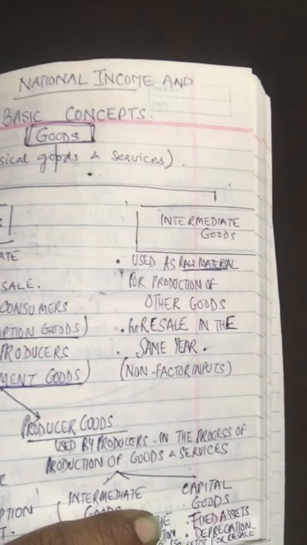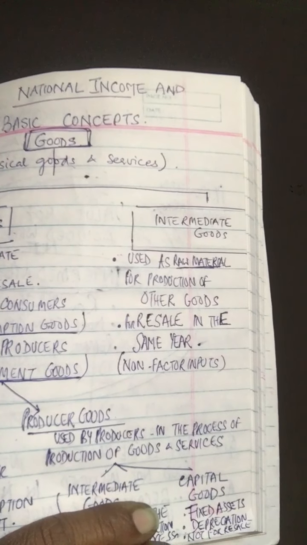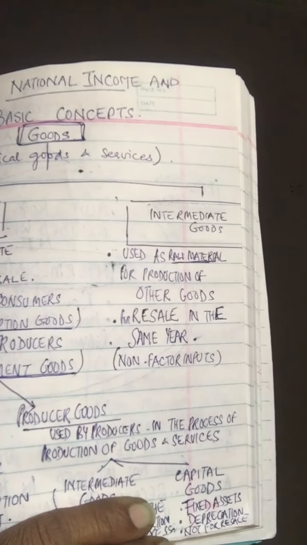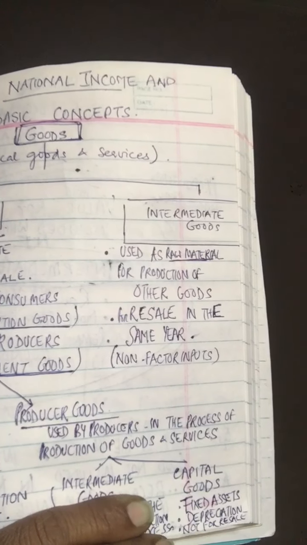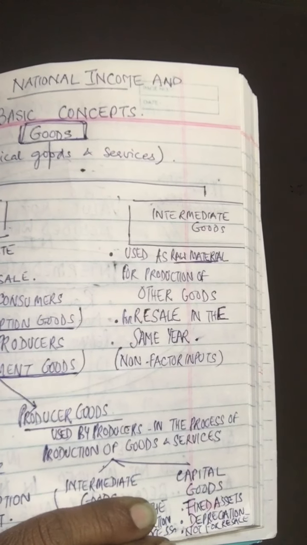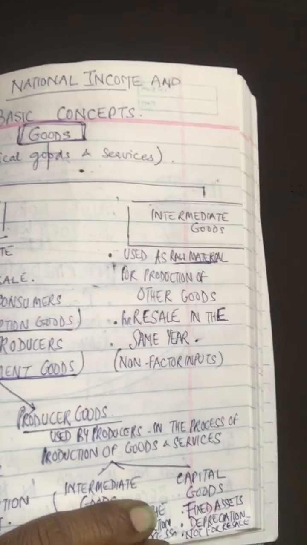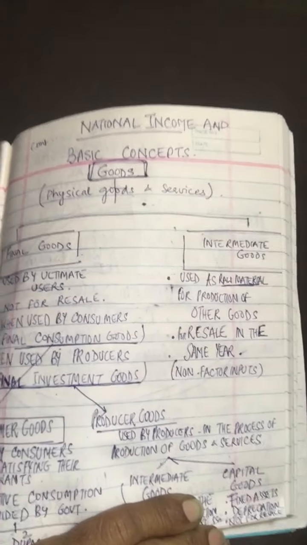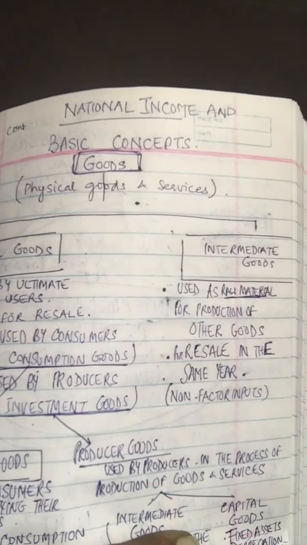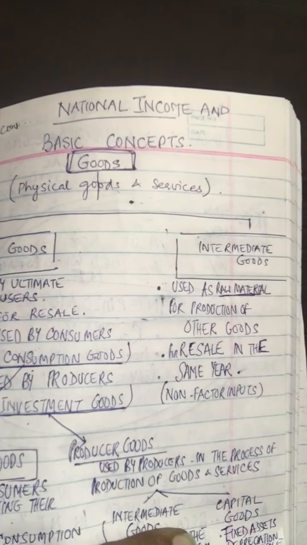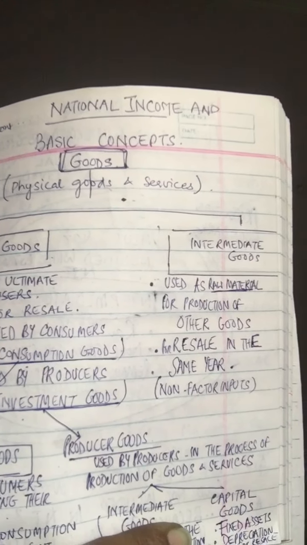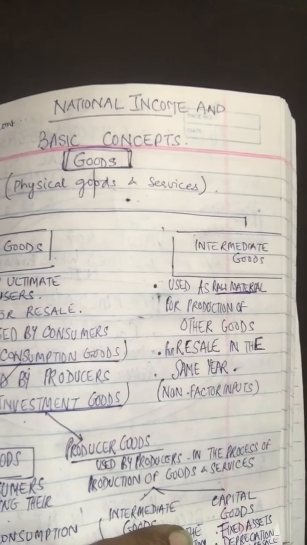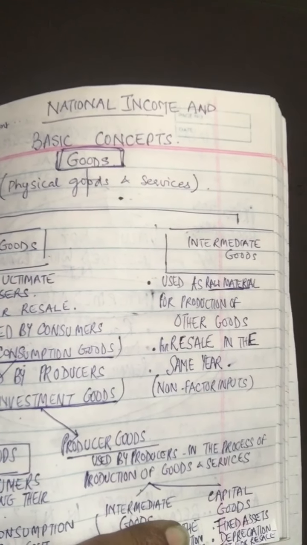Now capital goods. Capital goods are those goods of high value which are used to produce other goods and services for several years. These are also referred to as fixed assets. And these are not goods which are meant to be resold in the market.